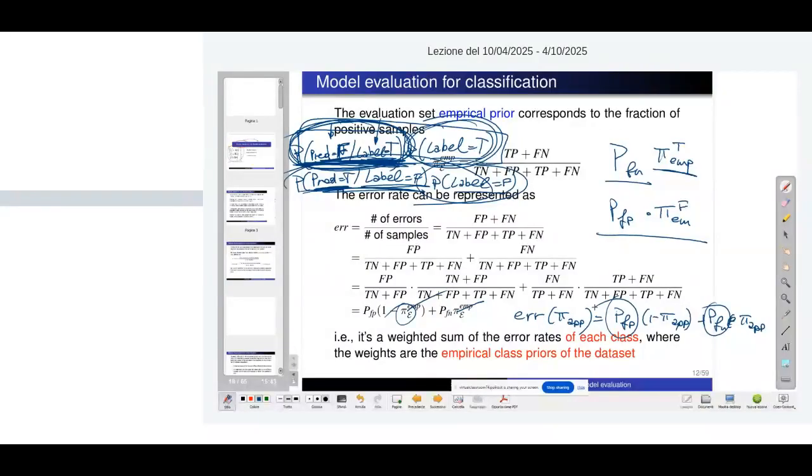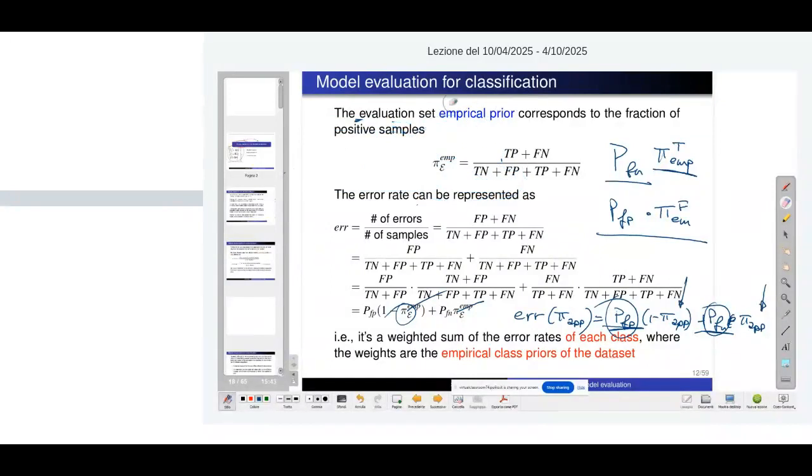We are simulating a data set where the false negative and false positive rates are the same as our evaluation data set, but the prior probabilities for the two classes are not the same. So essentially, and we will come to this again, how do we address the fact that our empirical prior does not reflect the application prior?